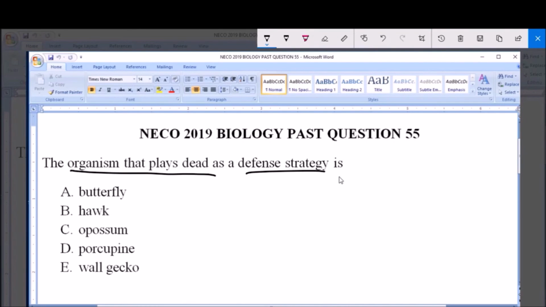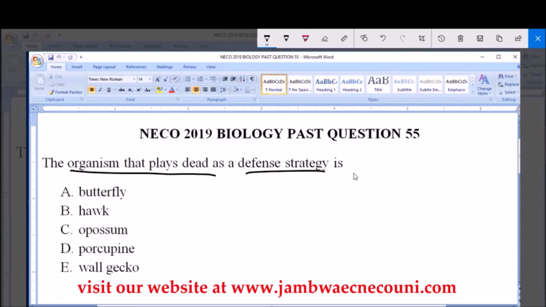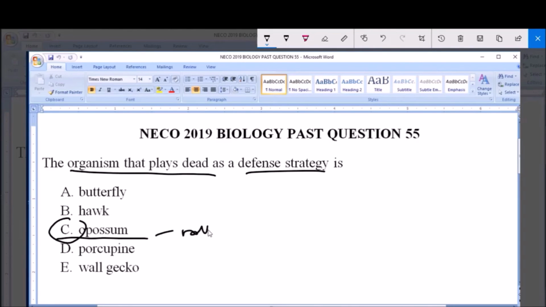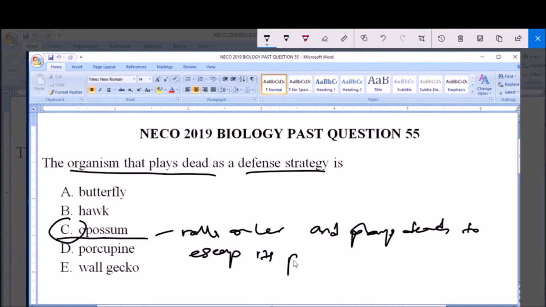Like we know, most animals have their own strategy by which they defend themselves against predators. Now let's look at each of these options. The organism that plays dead as a defense strategy is actually the opossum, which is option C. An opossum rolls over and plays dead to escape its potential predator.